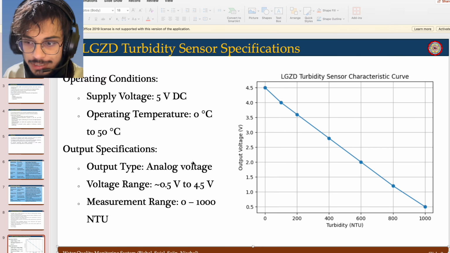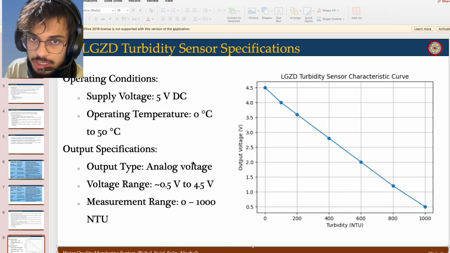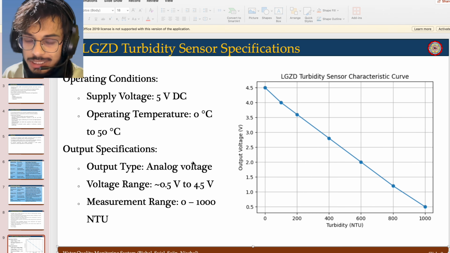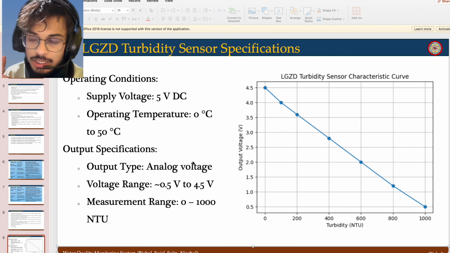Then the light reaching the photodiode or transistor will be low. So high turbidity means low voltage, and if there is low turbidity, scattering and absorbing of the light by the water will be less, and a high output voltage is gained by the photodiode transistor. So high voltage means less turbidity, and high turbidity means low voltage.